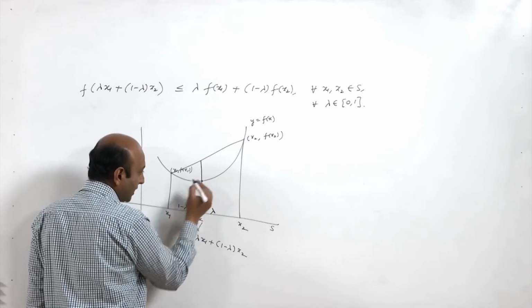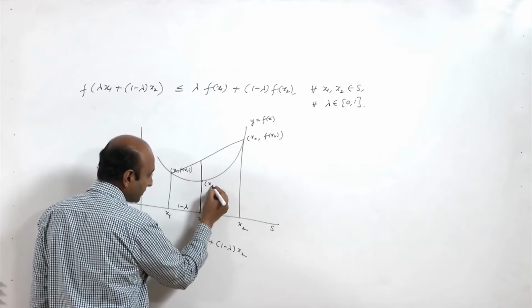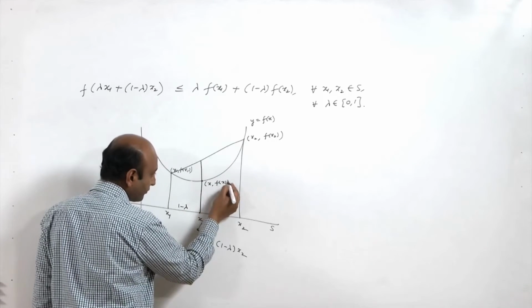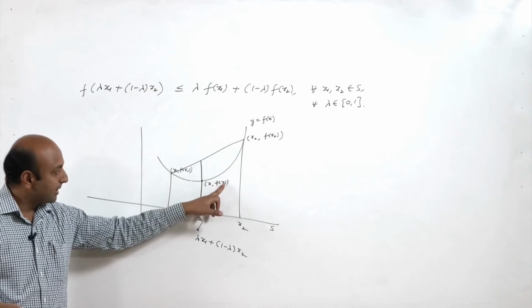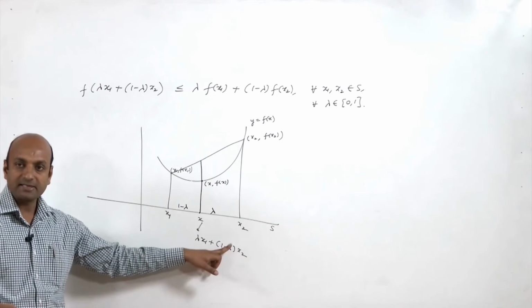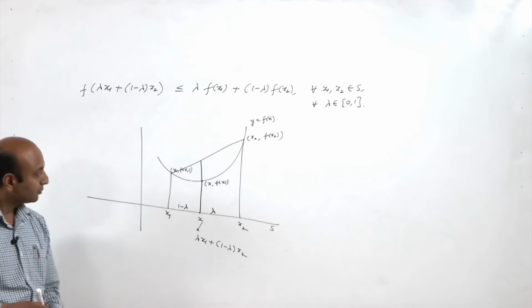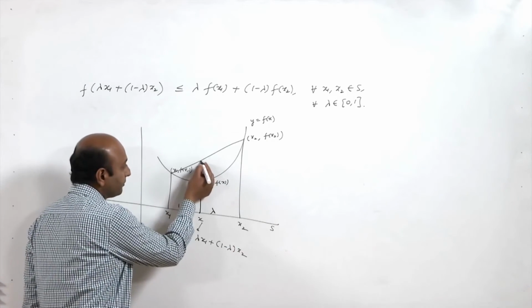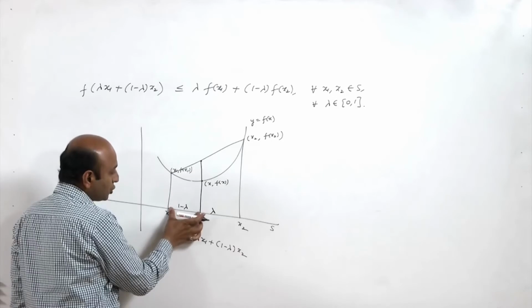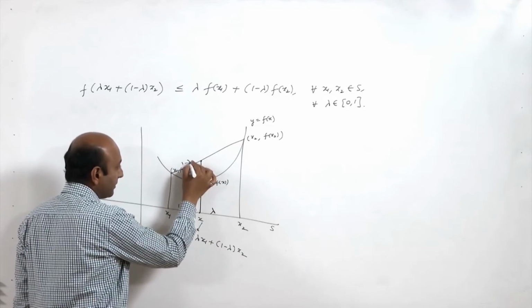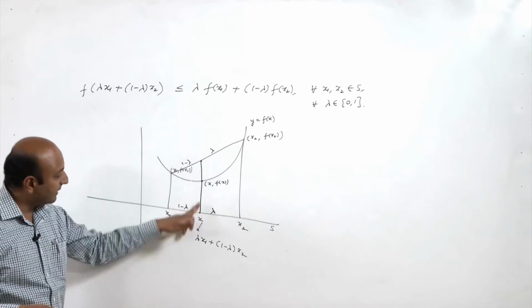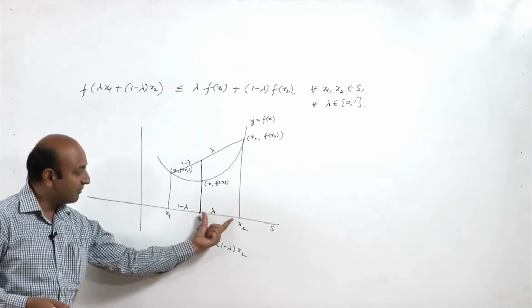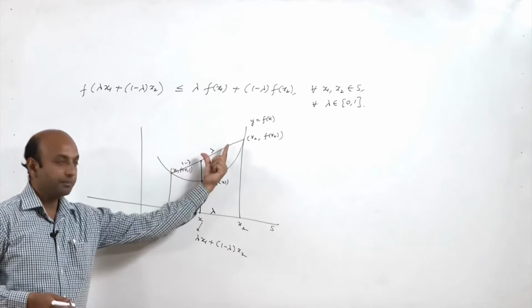So this point will be x comma f x, where f x is f of lambda x1 plus 1 minus lambda x2. The same ratio will be here, 1 minus lambda and lambda, because these 3 lines are parallel. So whatever ratio we have here, the same ratio will be here.